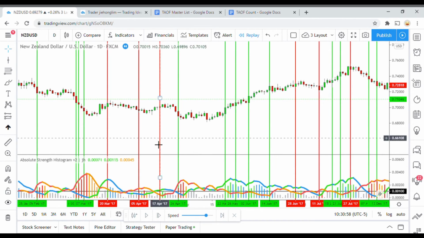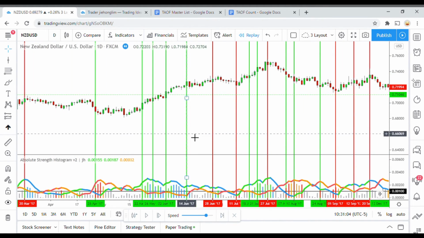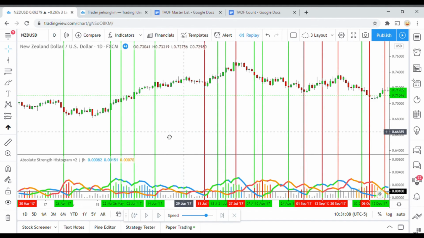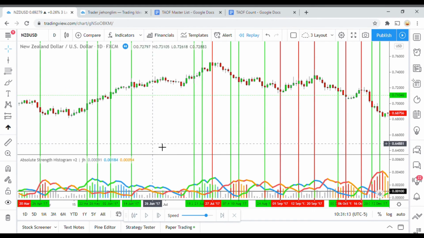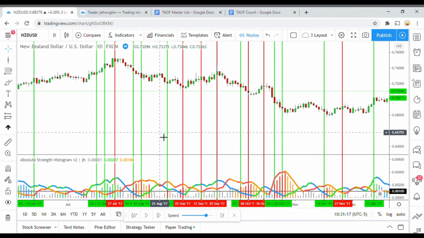I know this video is getting long, but just for the sake of argument, let's go ahead and get rid of any of the trades that the histogram bar was not above the 0.001.